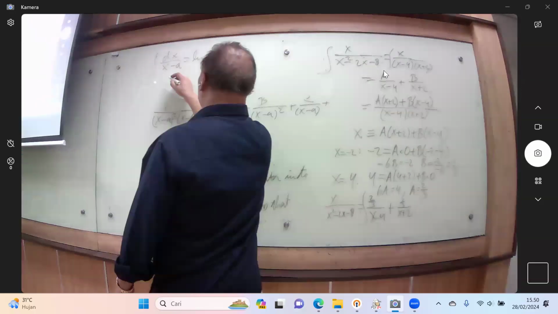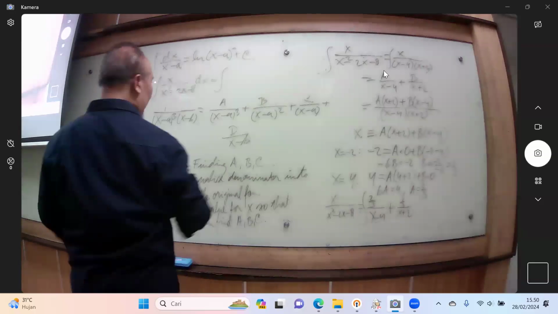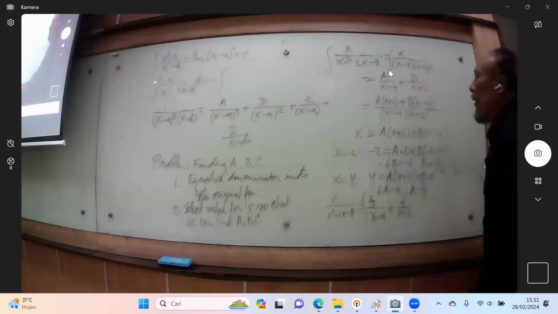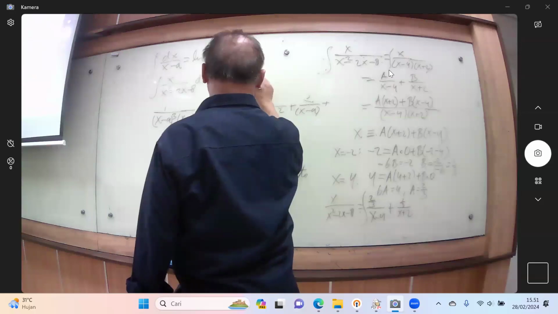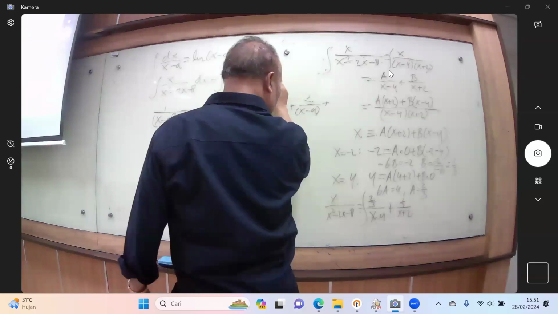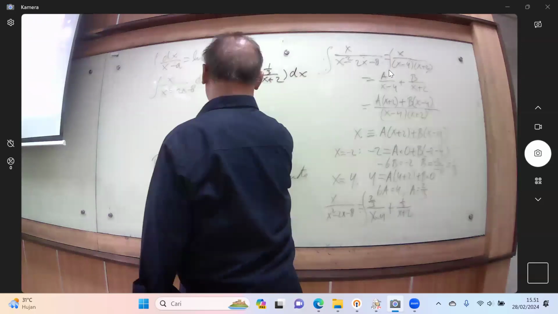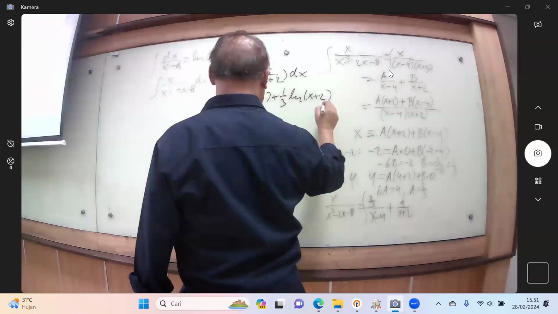So the integral of x divided by x squared minus 2x minus 8 dx equals the integral of 2/3 over x minus 4 plus 1/3 over x plus 2 dx, which becomes 2/3 ln|x minus 4| plus 1/3 ln|x plus 2| plus c.